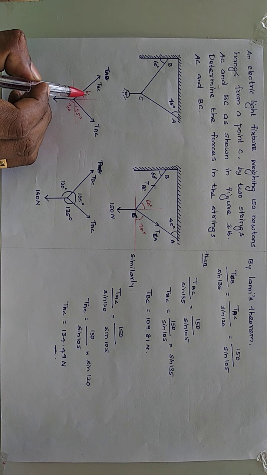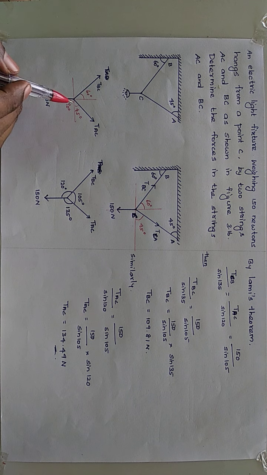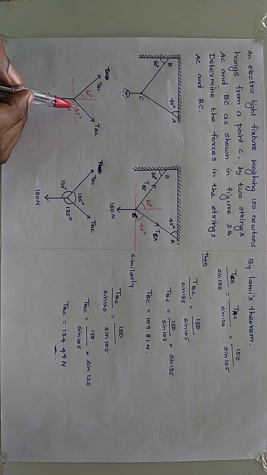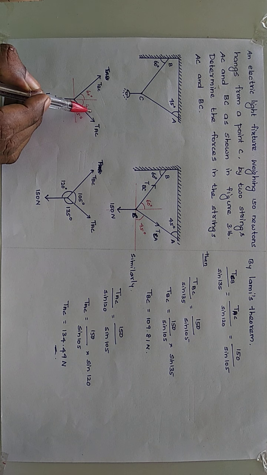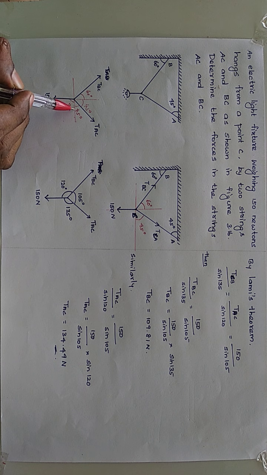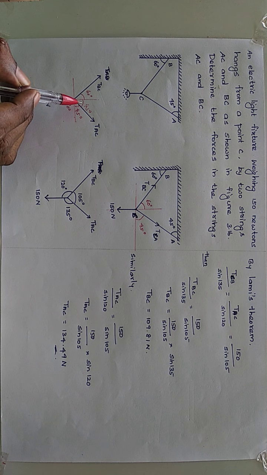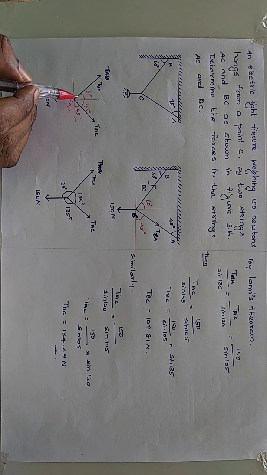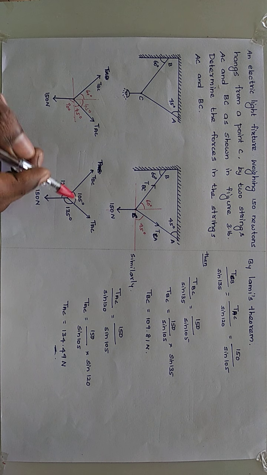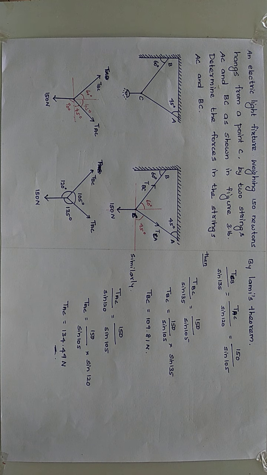If this angle is 45 degree, this angle also 45 degree, isn't it? Between the vertical line and horizontal line the total angle is 90 degree. As this angle is 45 degree, this angle also 45 degree. So 60 plus 45, between these two, we get 105 degree.